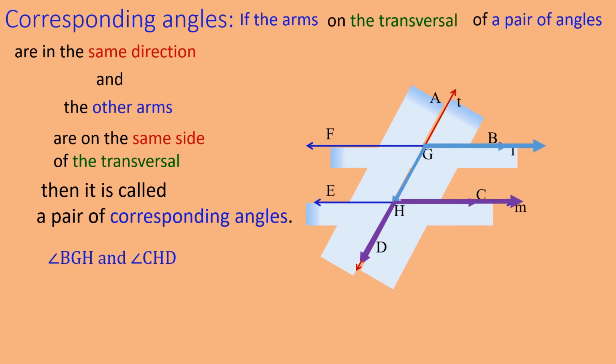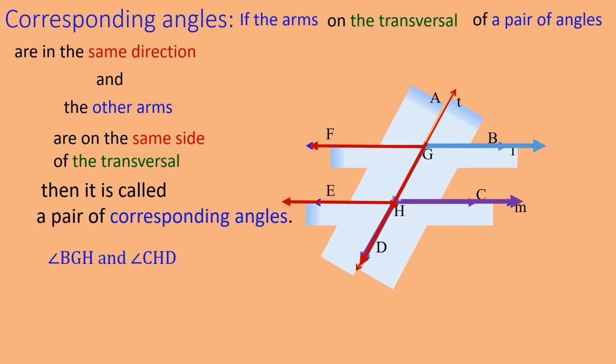Now we have taken a second rectangle on the left side of the transversal, and then the common part is indicated by angle FGH and angle EHD. The same process: the two angles have GH and HD as the two arms which are on the transversal, and you will find that they are in the same direction.